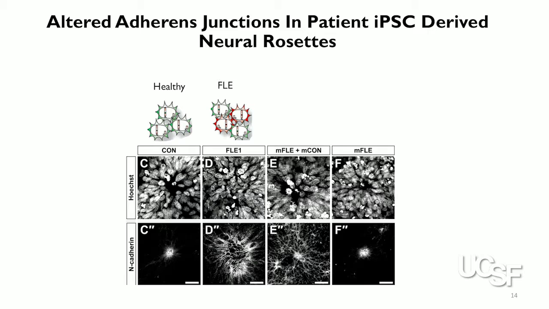And as I said, we have this male patient line generated by CRISPR. So we also mixed the isogenic male CRISPR line with the control line together to see whether we can see the same phenotype. The answer is also yes.